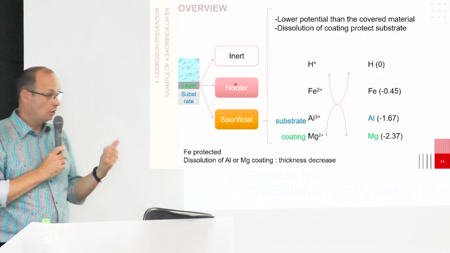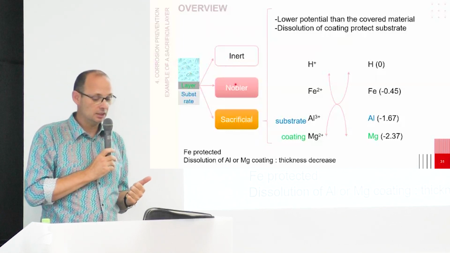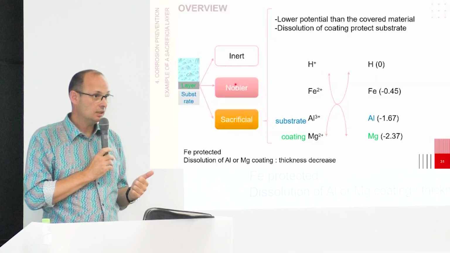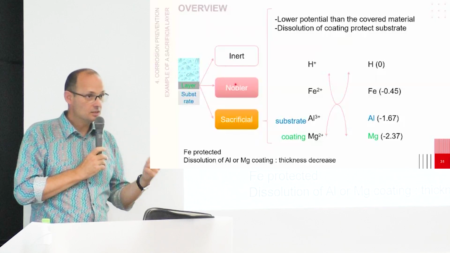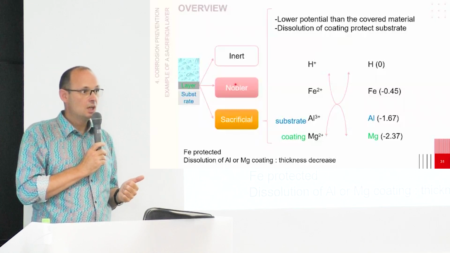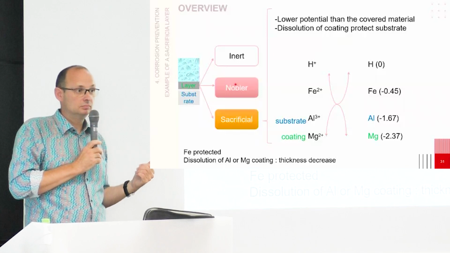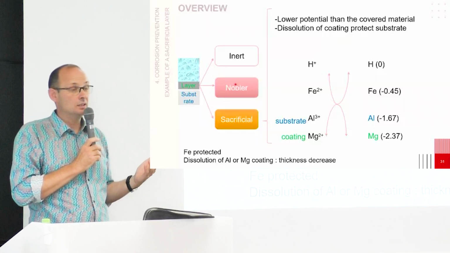I can also apply another coating, a nobler coating. That means that this nobler coating will react with the environment, but it can protect the substrate. Let's give an example.